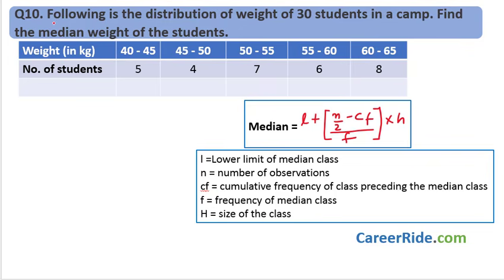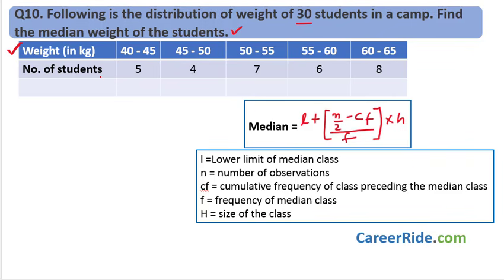Question number 10. Following is the distribution of weights of 30 students in a camp. Find the median weight of the students. In this variety of questions, the data is given to you in the form of class intervals. In row 1, the weight of the students is given in kgs in class intervals, 40 to 45 kgs, 45 to 50 kgs, and so on.